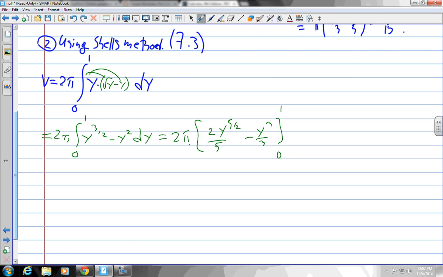Is that okay? So you plug in 1, you get 2 pi times 2/5 minus 1/3, which is 2 pi times 1/15, which is 2 pi over 15.